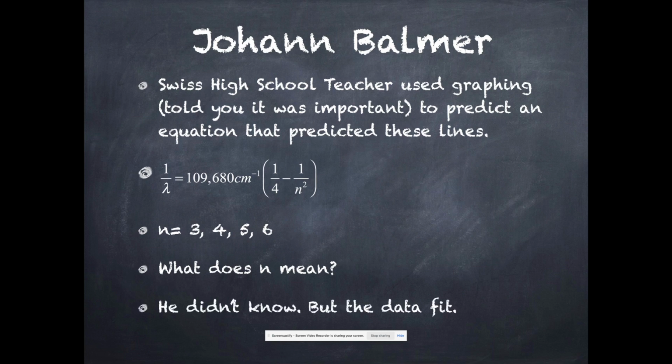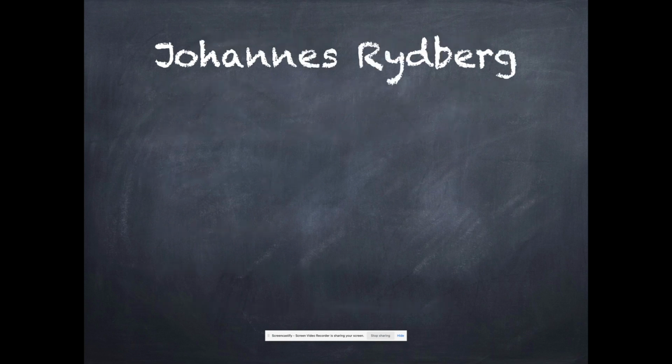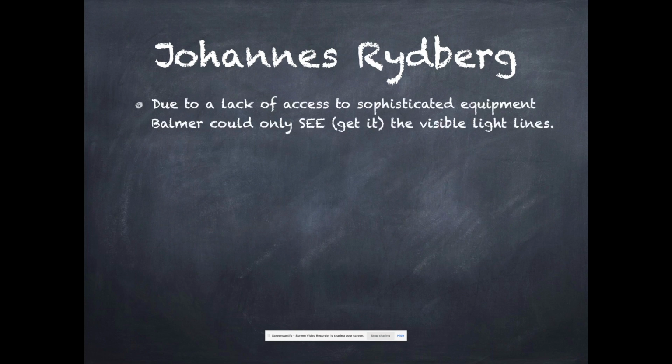Okay? Now, not long after Balmer, a university professor named Rydberg, looking at this, actually was able to take the idea one step farther. Balmer, being a high school teacher, only had the instrumentation to see stuff with his eyes. But Rydberg had more sophisticated equipment and could actually measure things outside the visible light spectrum, in the ultraviolet and in the infrared.